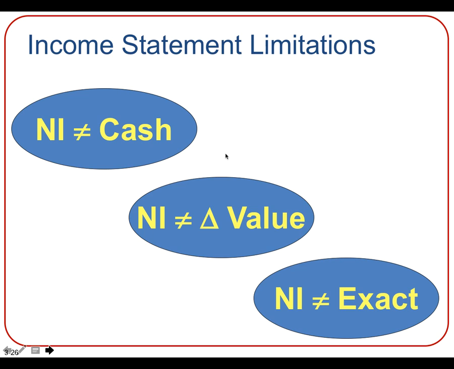And also, net income does not really account for the change of values. It's just how much revenue you're making, and then how much cost of the business relates to those revenue that you are making, and that's the difference. So the change of the value in your company is not included in the income statement.